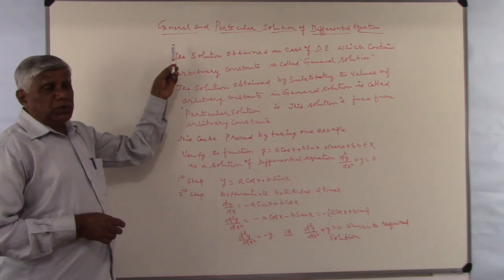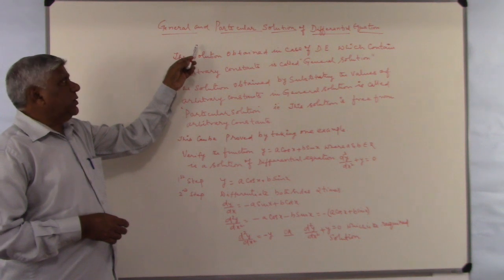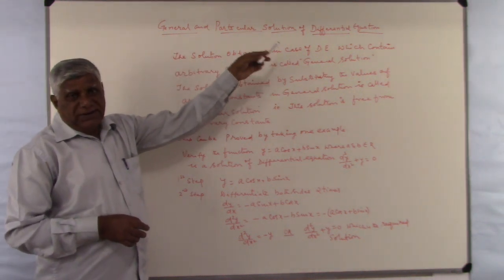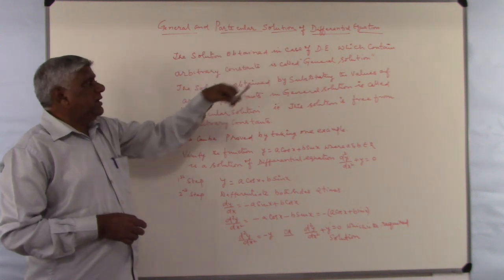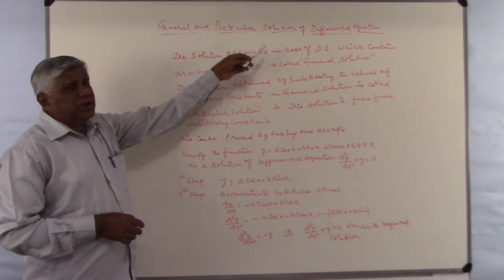Now after going through the order and degree of differential equations, we are going to start the general and particular solution of differential equation. See, what is meant by general solution and what is particular solution?